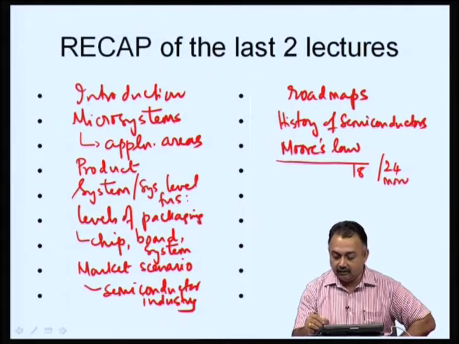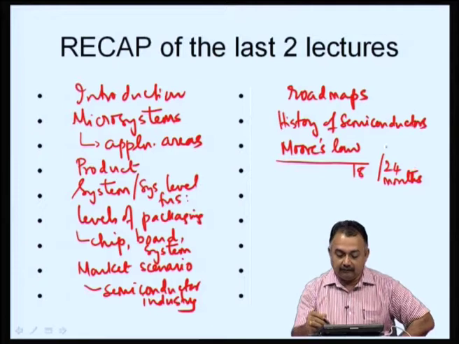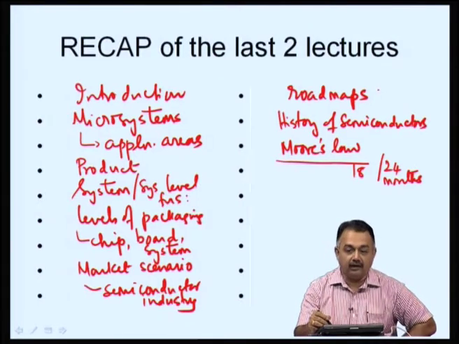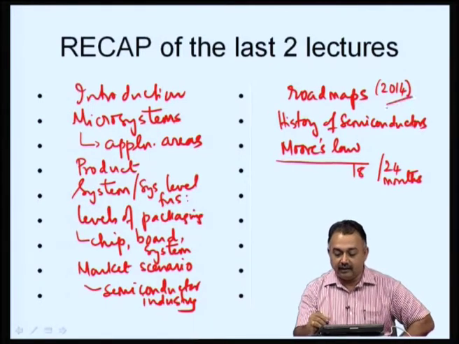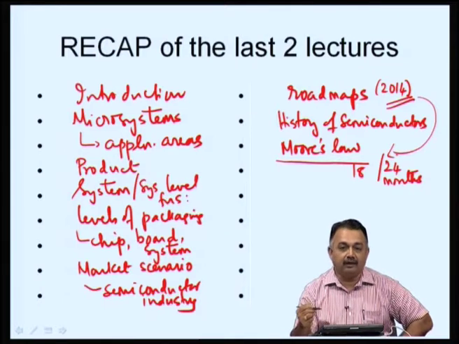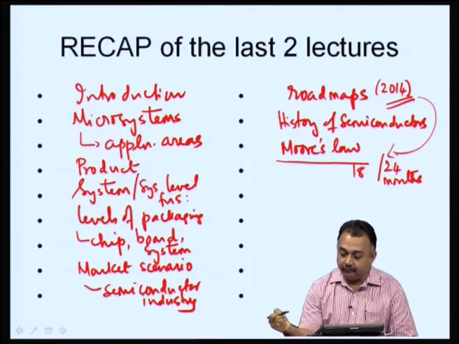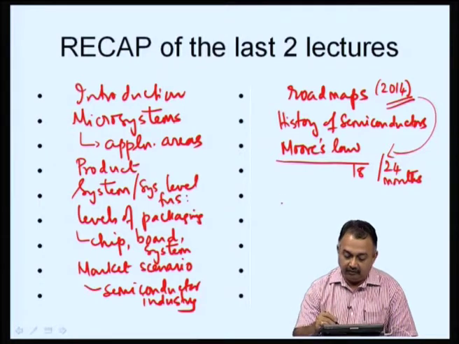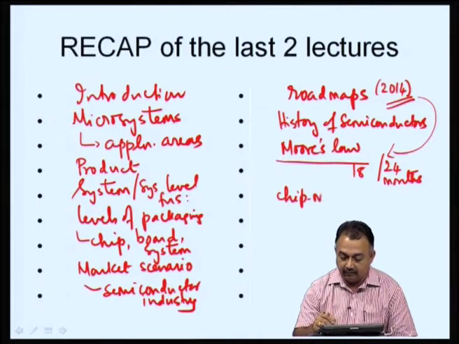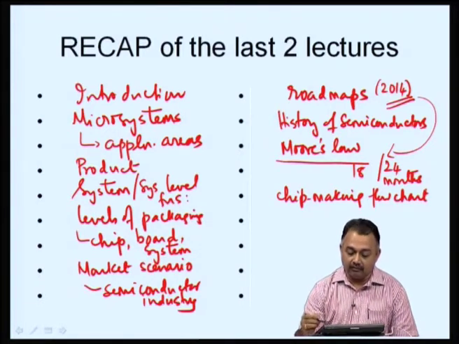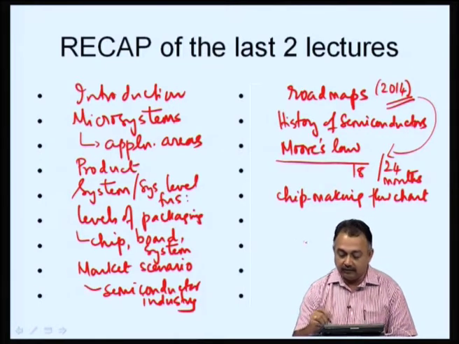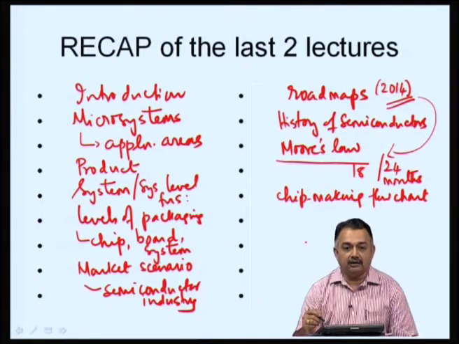We have seen that, and the roadmap of ITRS and other industries up to 2014, which I showed in the last class, is a direct indication of the validity of Moore's law. Then we briefly talked about the chip making process, the chip making flow chart. Of course, I mentioned to you that we are going to look at a detailed process flow of how a chip is made. So, these are some of the things that we have seen in the last class.